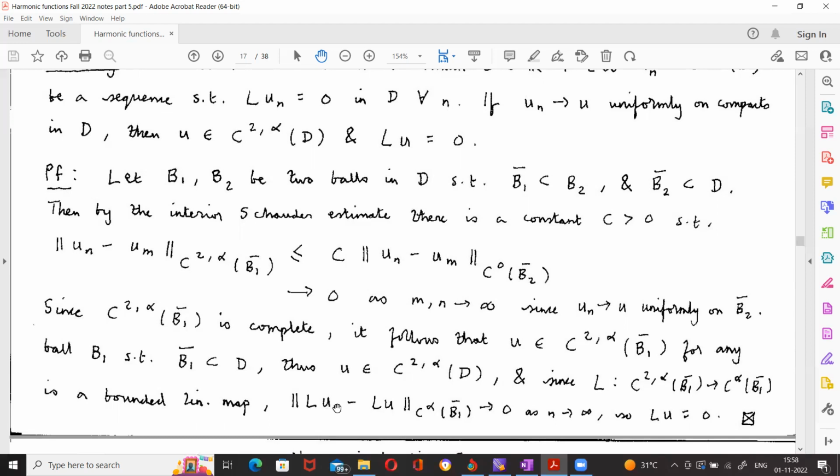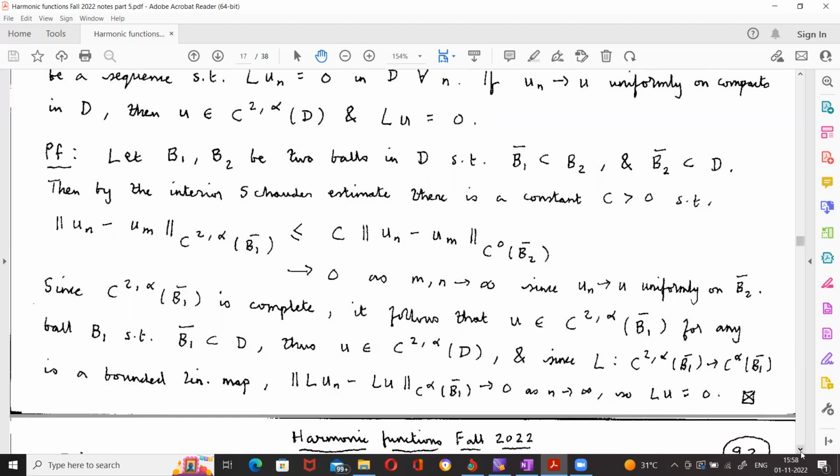And the Lu_n's are all 0. So therefore, Lu is going to be 0. Is this clear? Yes, sir. It's just continuity of L. Okay, so that proves this corollary.